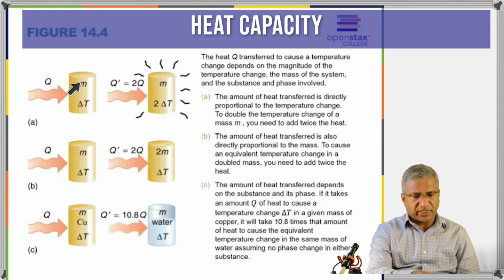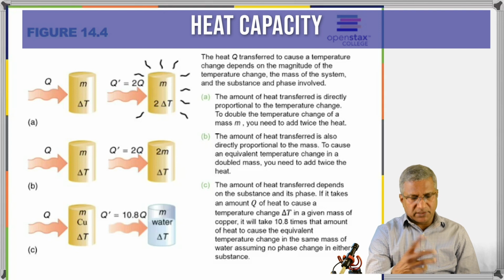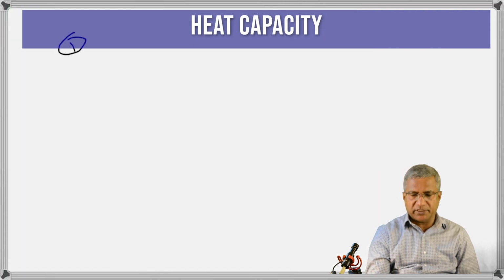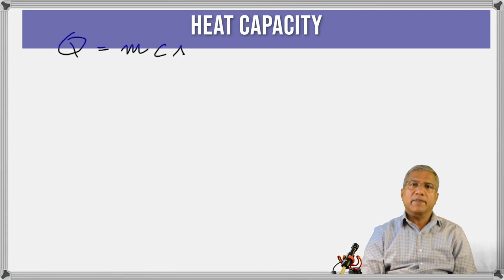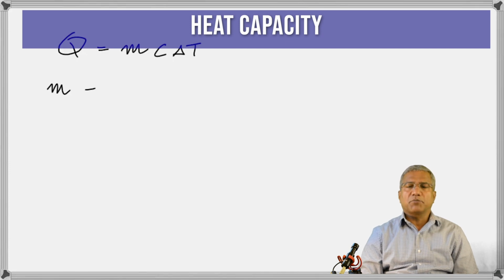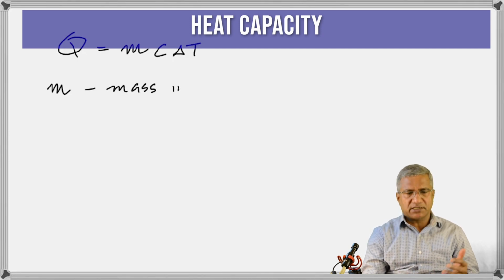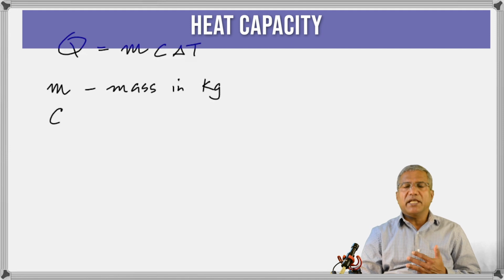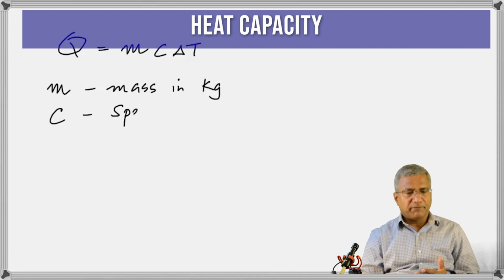Q is the quantity of heat, M is the mass, delta T is the change in temperature, and C is the specific heat, which will come in there. Okay, so here's the formula. Q is the product of these three quantities: mass, specific heat, and change in temperature.